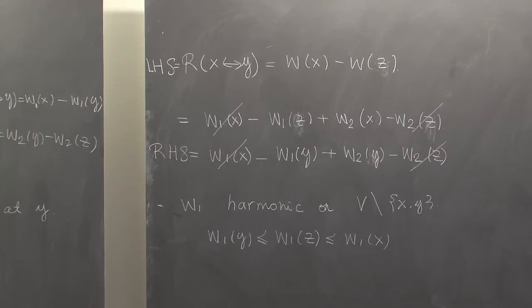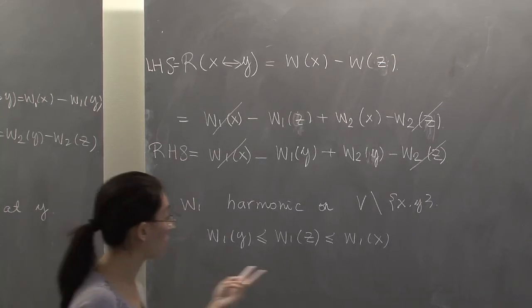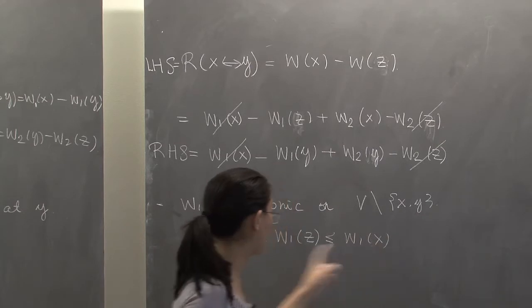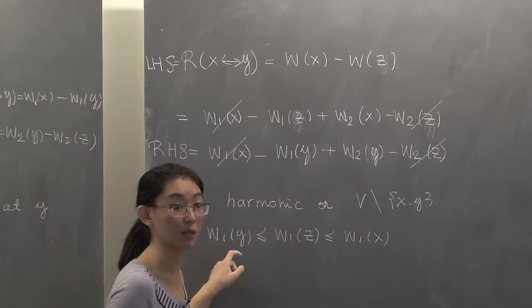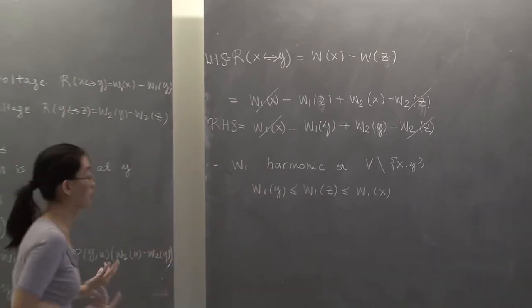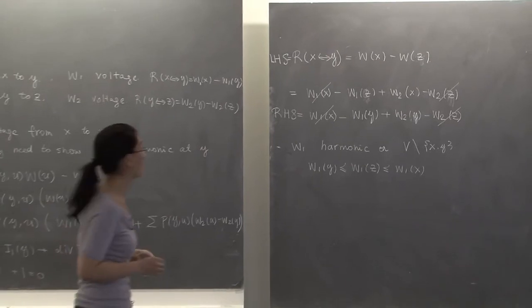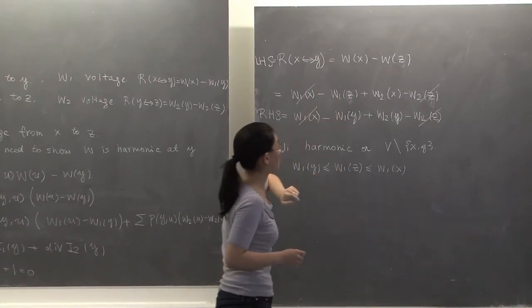The boundary only has 2 points, X and Y, and one is bigger and one is smaller. So W1X is the max, W1Y is the minimum, and W1Z has to be between them because this is a harmonic function. So here we already show that minus W1Z is less than minus W1Y.